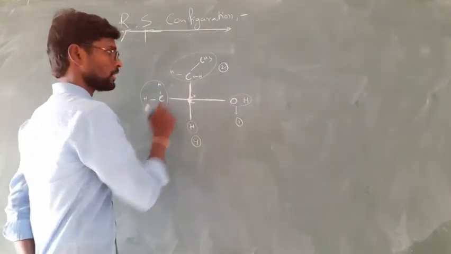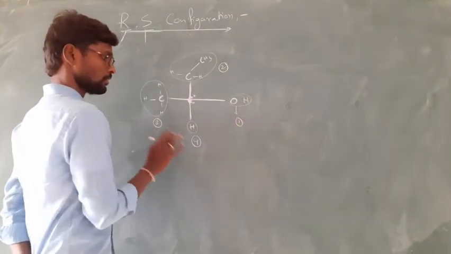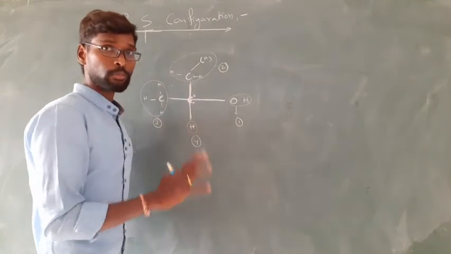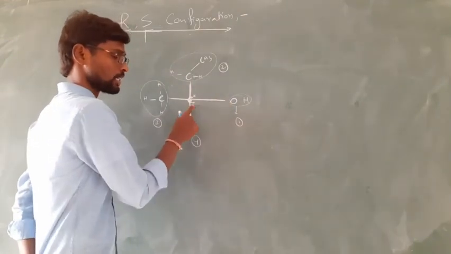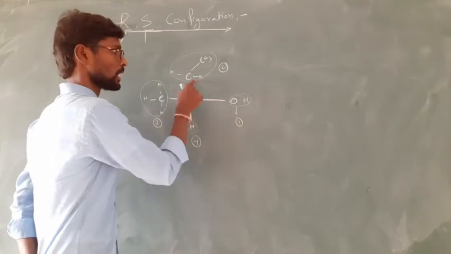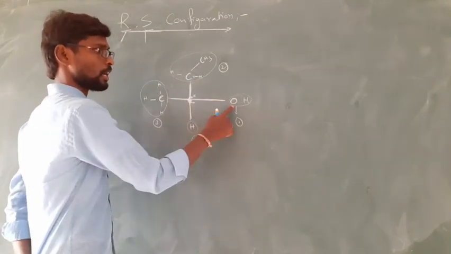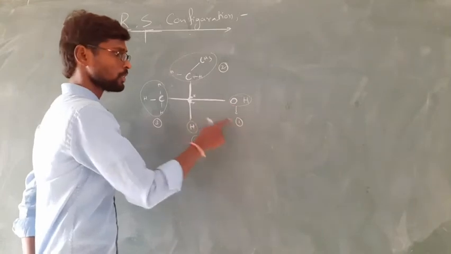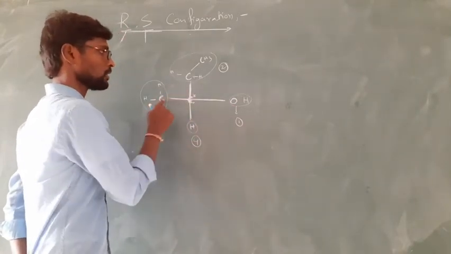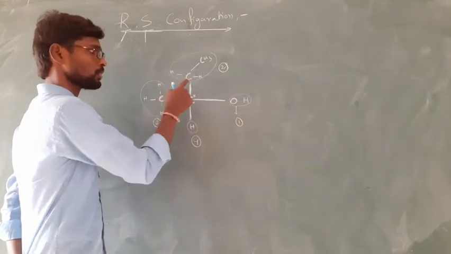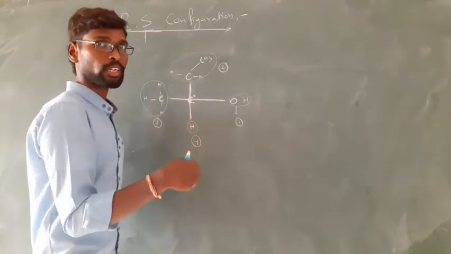So we have given numbers 1, 2, 3, 4 according to their atomic masses. That means we observe the first atom directly attached to this carbon: oxygen, carbon, hydrogen. Oxygen has high atomic mass, so first number; hydrogen has low atomic mass, so the least number. But these two are both carbons with the same atomic mass, so we go to the next atom.